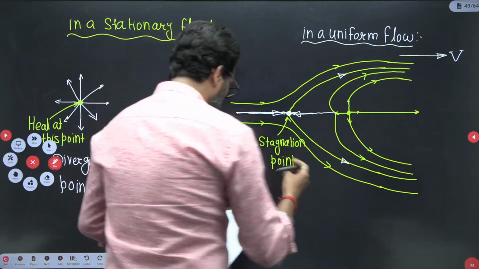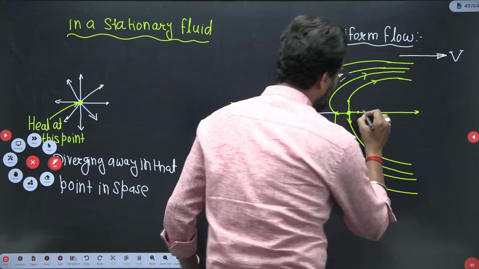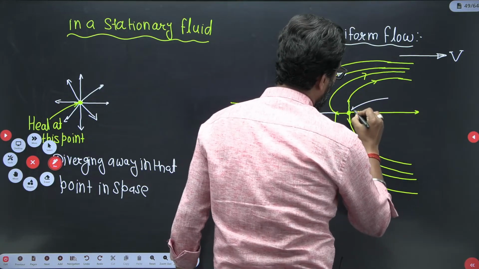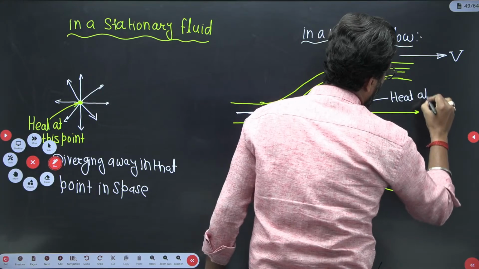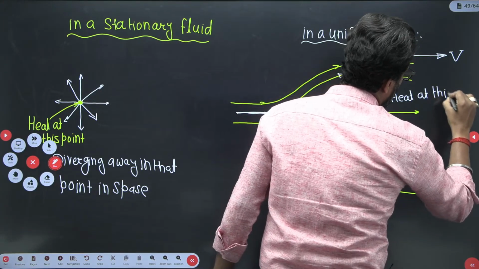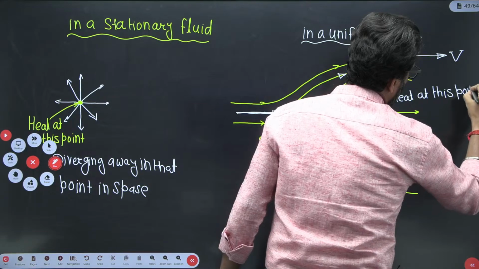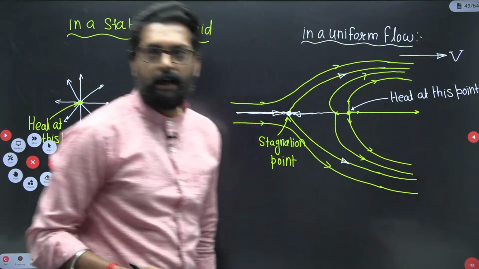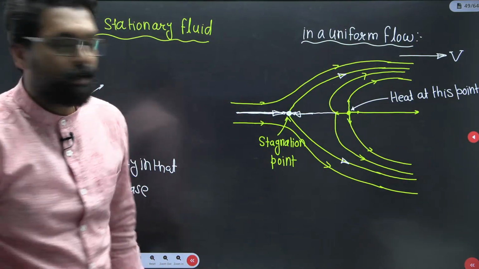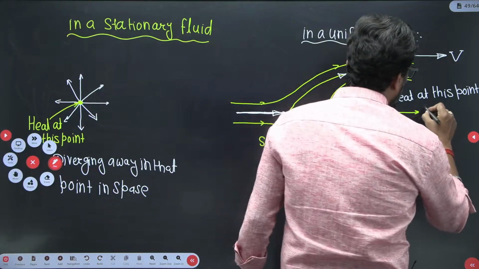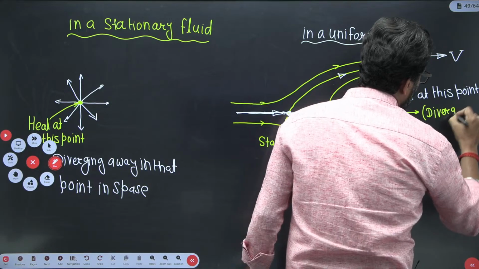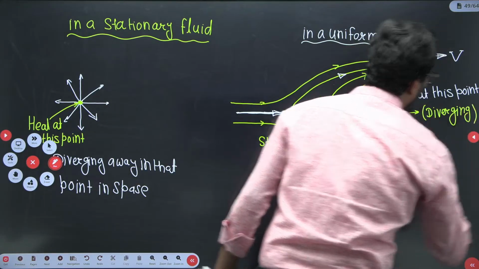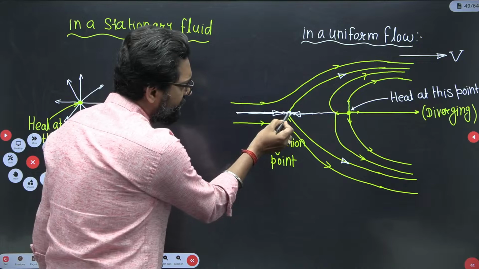So at this point, this is your heating. At this point, heat, at this point, heat. So this is your diverging. Now here it is your stagnation point.